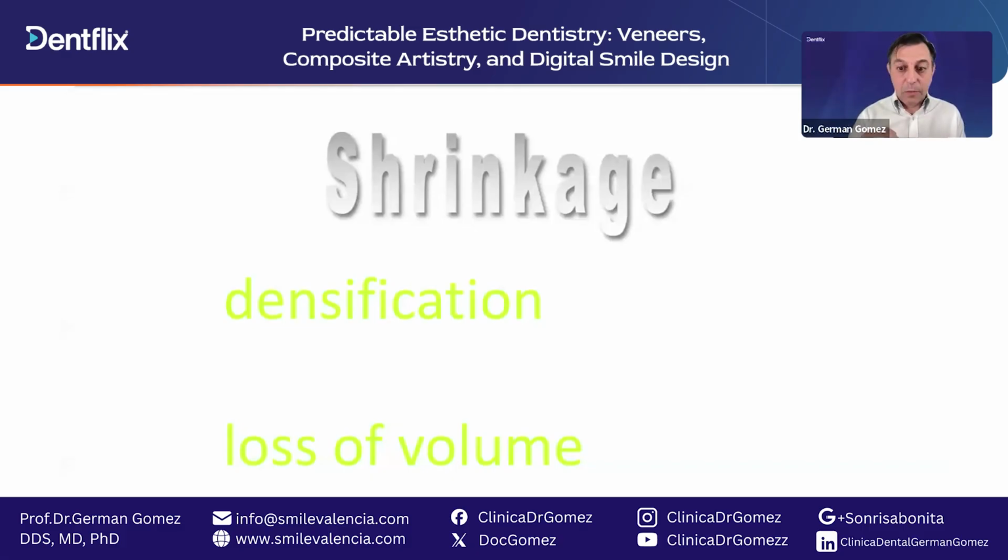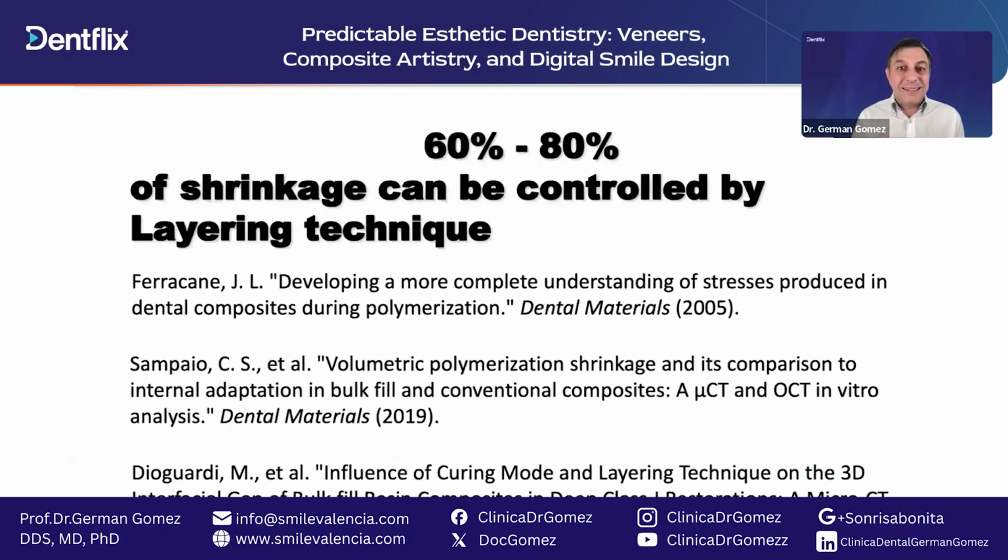Good. Now, 60 to 80% of the shrinkage can be controlled by the layering technique. There are publications that calculate exactly what percentage is saved in shrinkage when we layer.